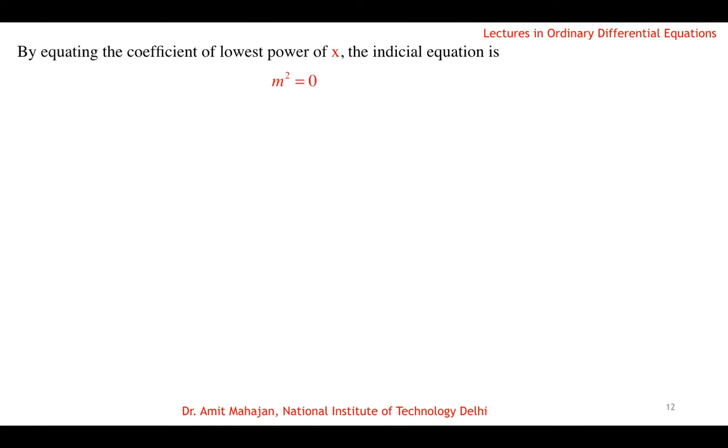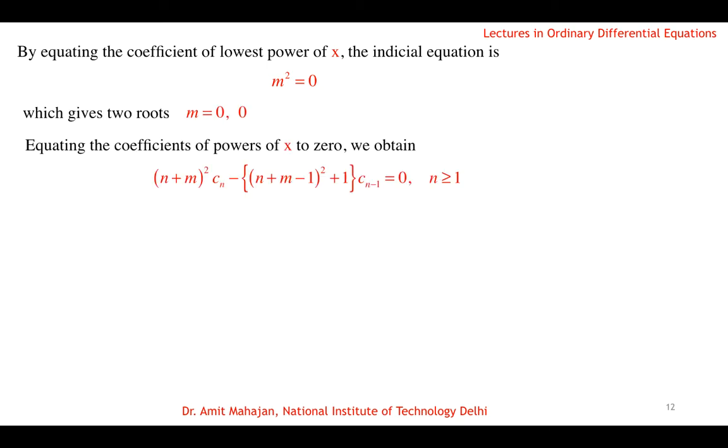So first, the coefficient of the lowest power of x, the indicial equation, gives two roots m equals 0, 0, and then the coefficients of x from the higher powers of the series. The series was starting from n equal to 1 to infinity, so n greater than or equal to 1. From here we calculate cn, and then we plug n as 1, 2, 3 to find c1, c2, c3.